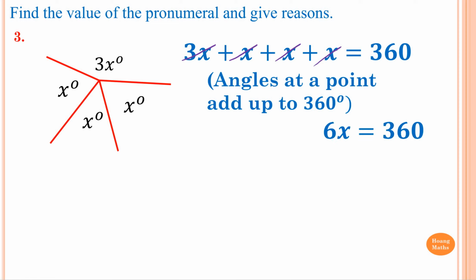So therefore 6x is equal to 360. To solve for x, we divide this by 6 and then we divide this by 6. So this cancels out. So 6 goes into 36 is 6 times, and then the 0 we just write down. So therefore x is equal to 60.